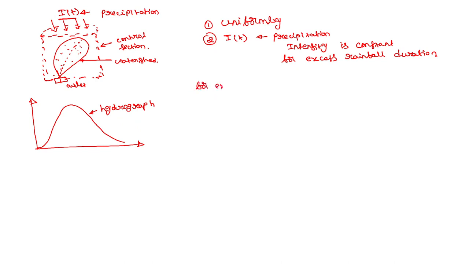For example, if this I_T is 1/T centimeter per hour, that is, let's say 1 centimeter of excess rainfall in T hours. Let's assume this I_T has a constant intensity of 1/T centimeter per hour for T hours. If this I_T is 1/T, then this particular hydrograph will be called a unit hydrograph.